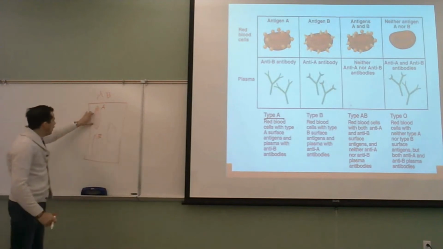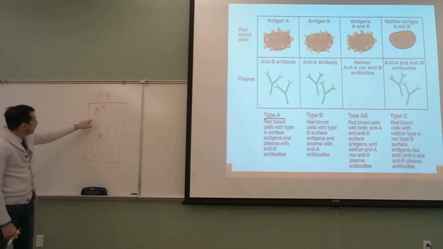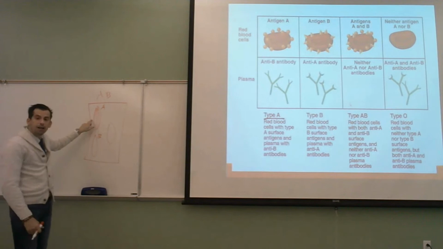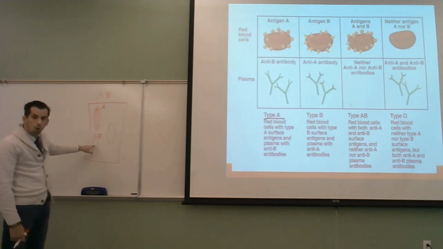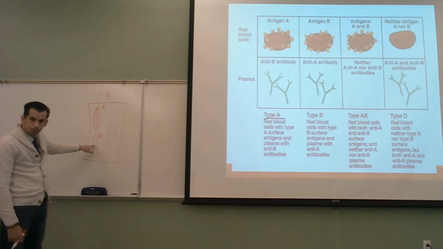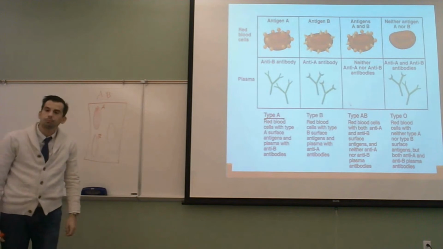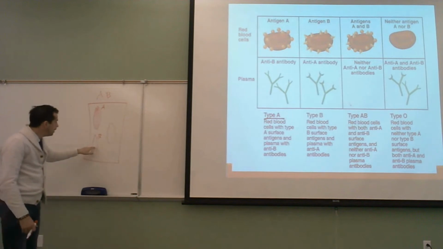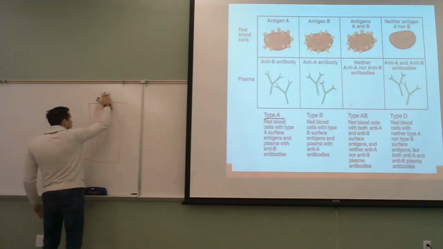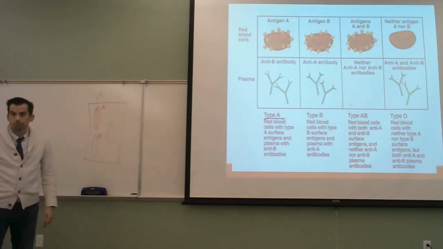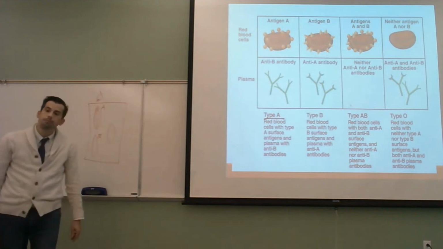So here we have a cloudy well A, but we have a clear well B. Here indicates that the antibodies interacted with an antigen. Here, no agglutination. So whenever you're trying to solve something like this, jot down these 2 letters. Did we get a reaction in the B antibody, in the B well? No. Done. Therefore, this has to be type A blood.